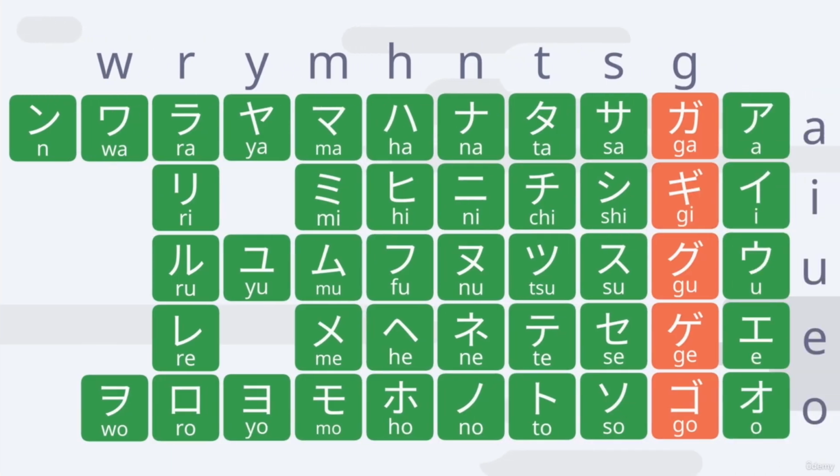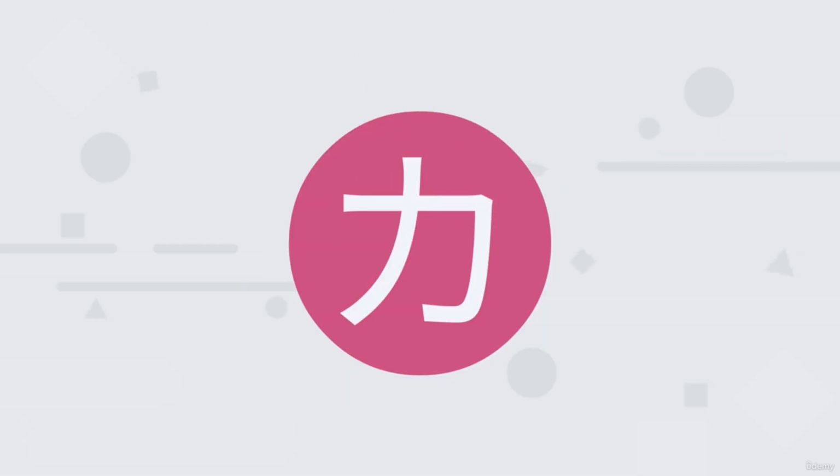In this lesson, we'll learn the characters ga, gi, gu, ge, go. To review, what is this character? Ka.